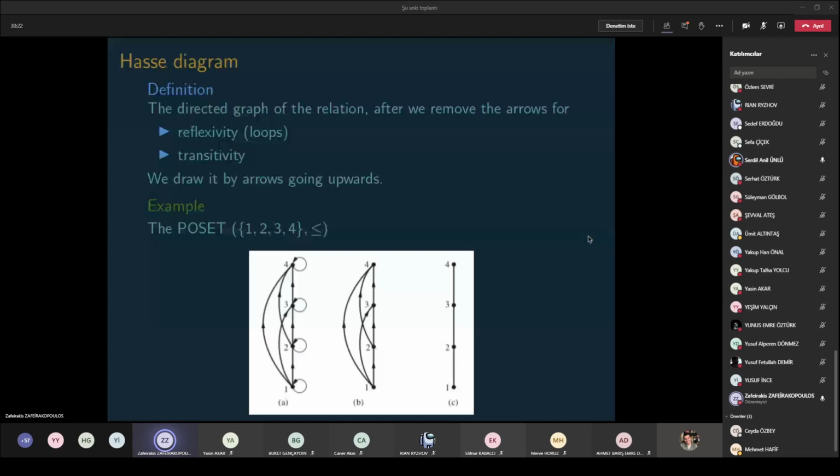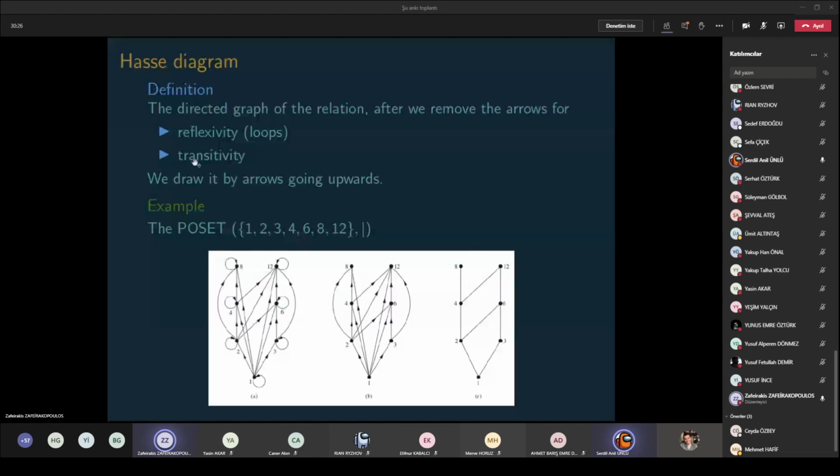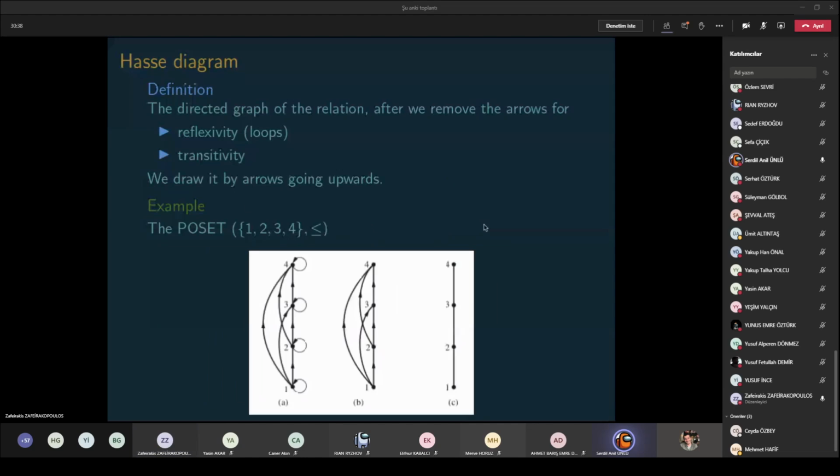Sir, I understand this diagram, because I can see before the Hasse diagram. Can I see? Because I have a question. Why doesn't the arrow go from 1 to 2? I don't understand. We go from 1 to 2.